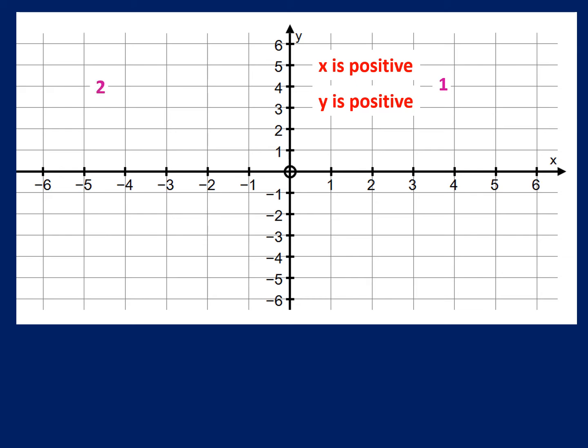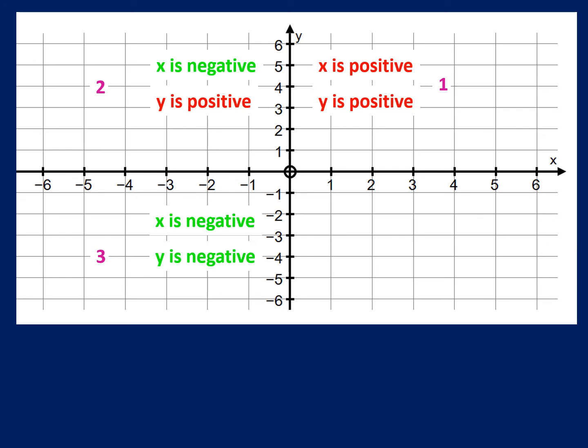If we move over to the left into quadrant 2, the x values are negative, but the y values are still positive. If we move down into quadrant 3, it is where both x and y are negative. And moving back to the right into quadrant 4, x becomes positive again and y stays negative.